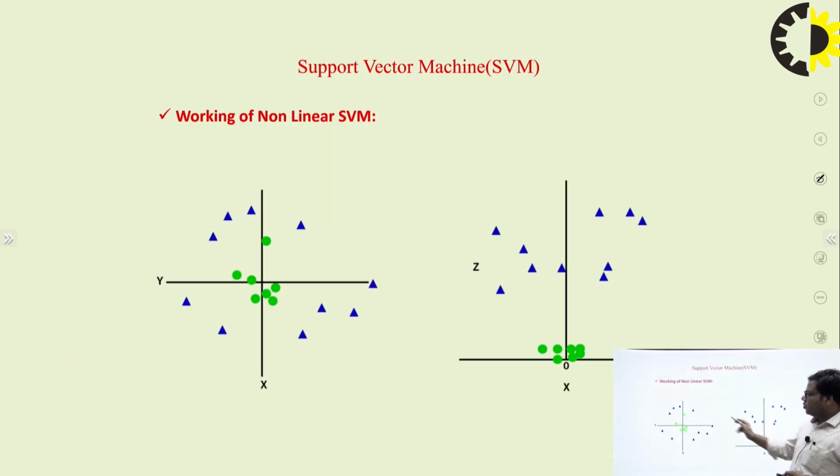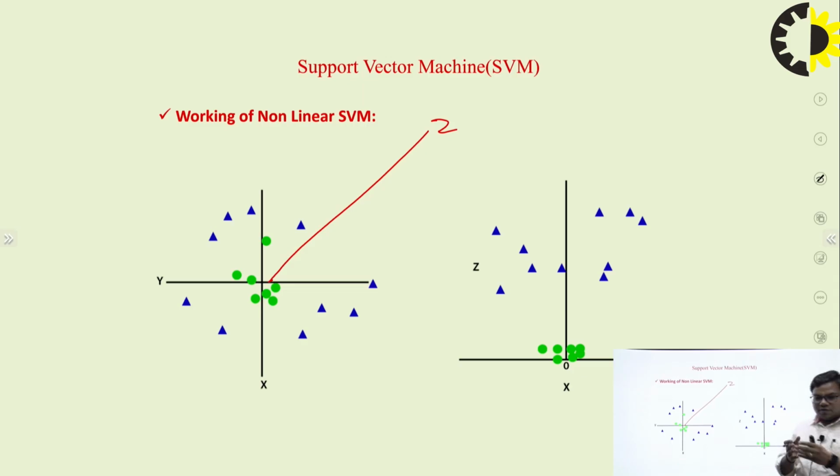So this is your 2D data, two-dimensional data. Now we just converted it into 3 dimensions. This is your XY, and we just added a new dimension as Z. We added a Z dimension and now we are seeing the data.